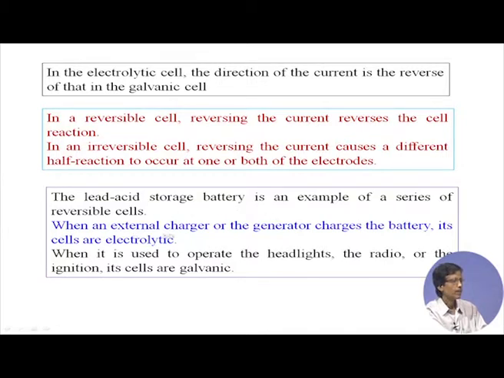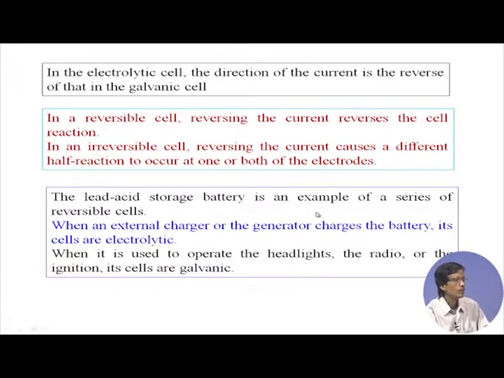The reaction of the acid with the lead plates gives rise to energy. When we draw energy, the battery is discharging, and its voltage potential is decreasing.